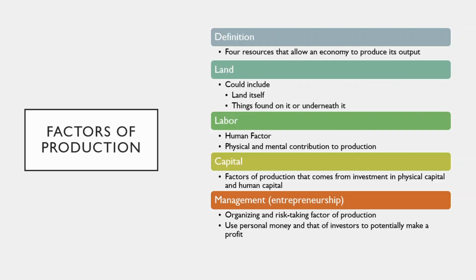Capital comes with machinery and investment that are used to make products. So an assembly line is an example of capital. And entrepreneurship or management is the organizing and risk-taking needed to run a business. The use of personal money, advertisements, investment, all of those things fall under entrepreneurship.